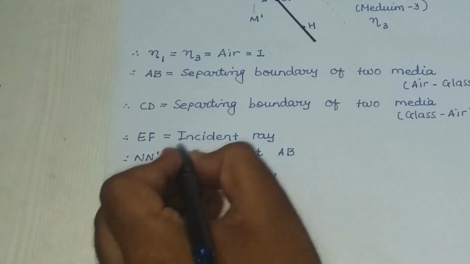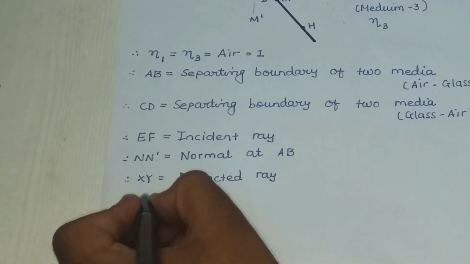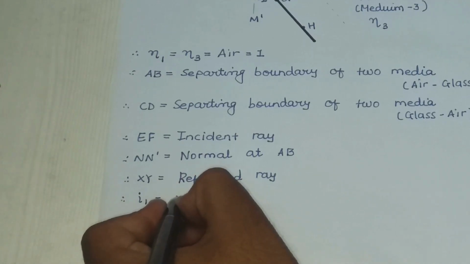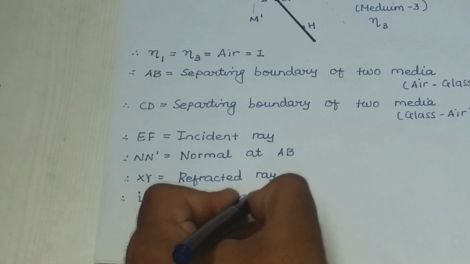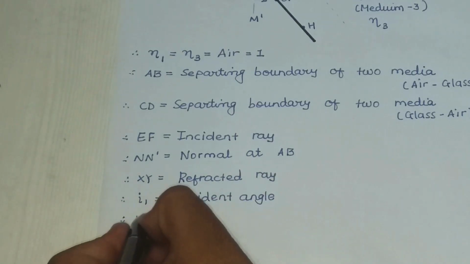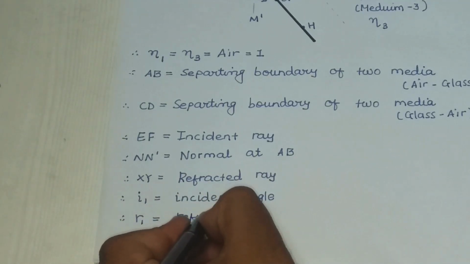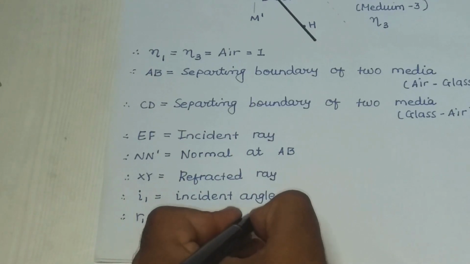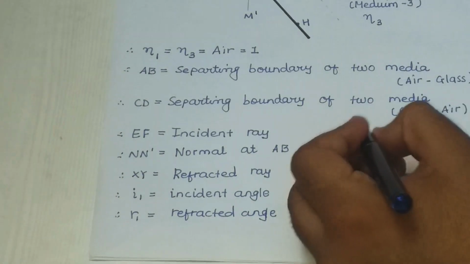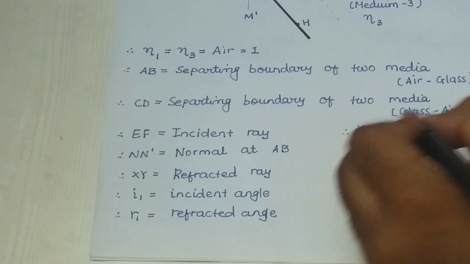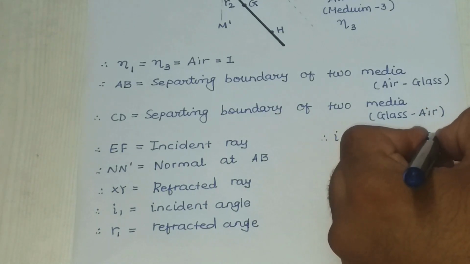Then let us talk about the angles. I1 is known as the incident angle. R1 is known as the refracted angle. Now I2 is also a refracted angle.